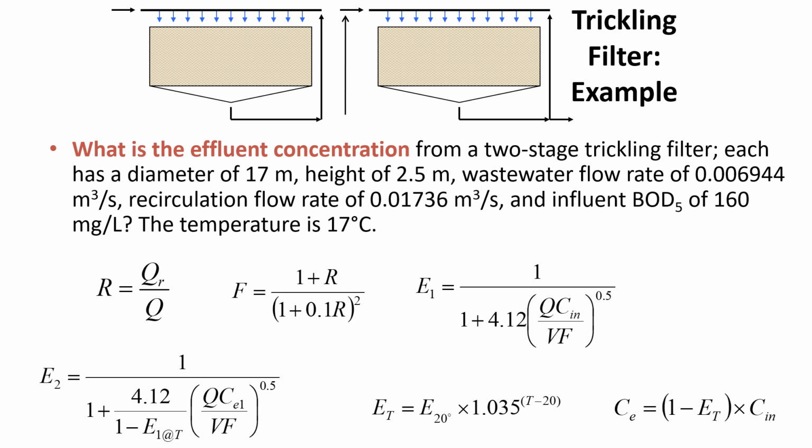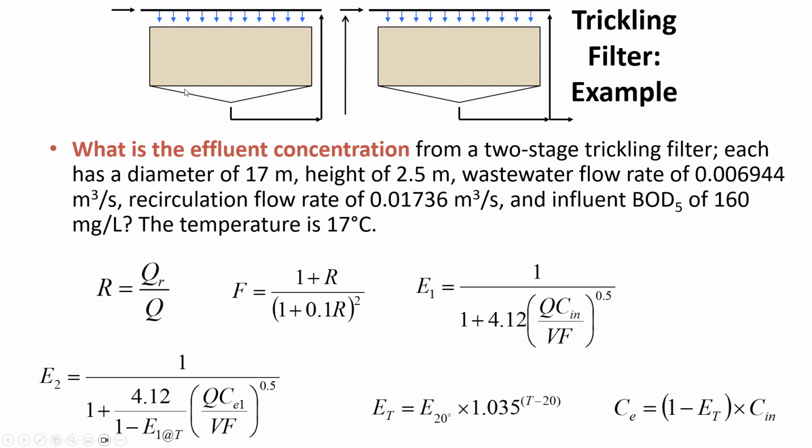That means the area here is 226.98 meters squared. And then the volume would be 226.98 meters squared times the height, 2.5 meters. And so the volume of the filter is 567.45 cubic meters. So we're going to use that here in E1 and E2.